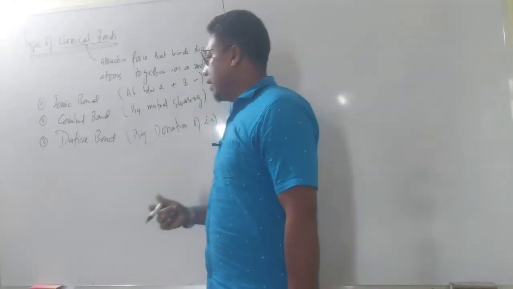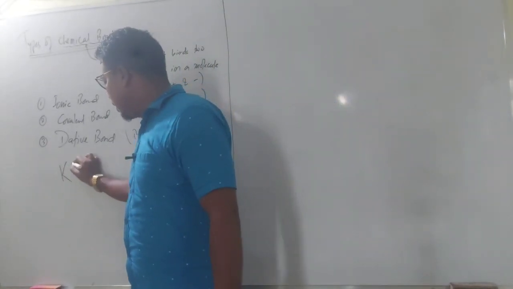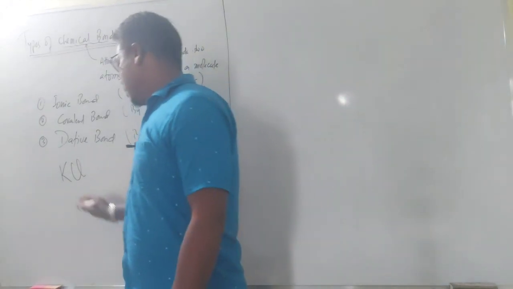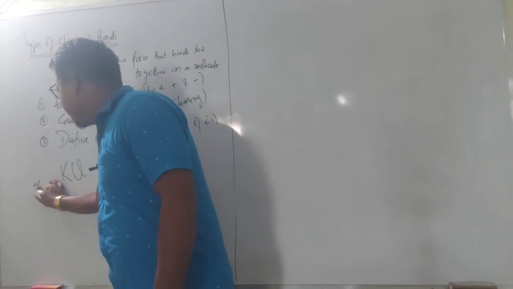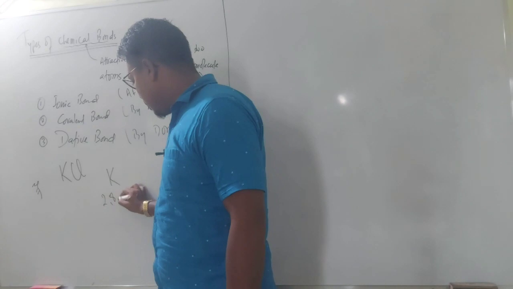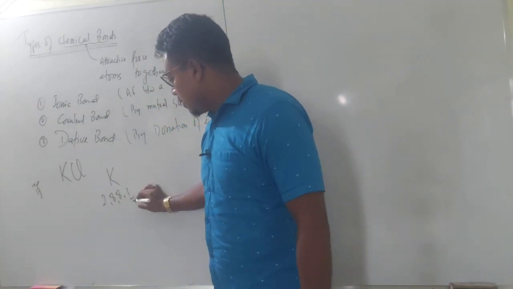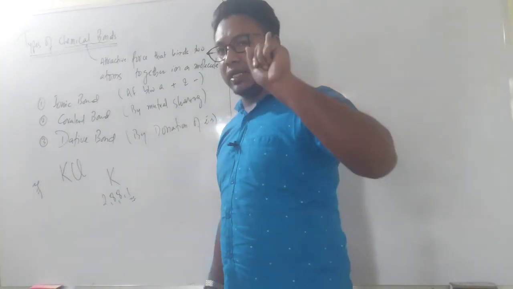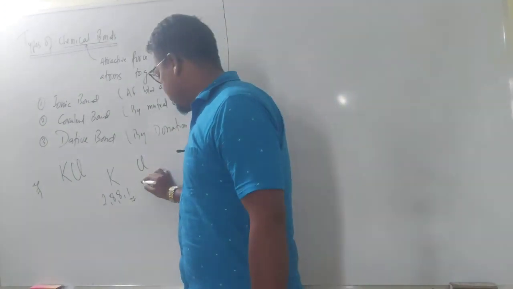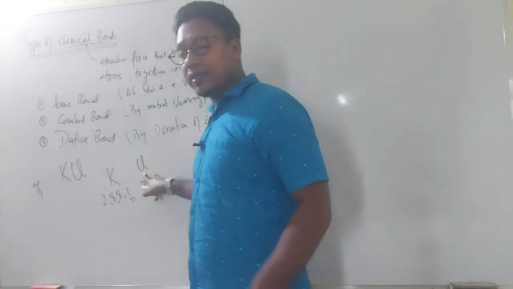Okay, so ionic bond, for example, I can take KCl, or NaCl or Na sulfide. In this example, potassium has 2 8 8 1, which means potassium's valence electron is 1, while chlorine has 2 8 7, and number of valence electrons of chlorine is 7.